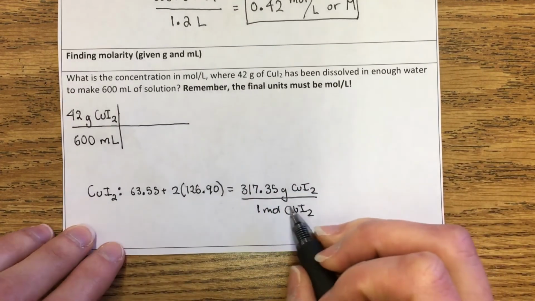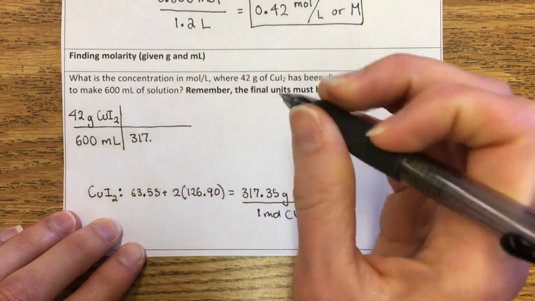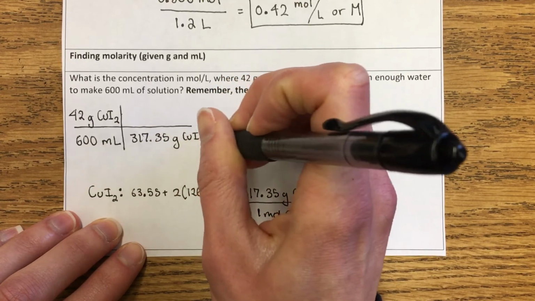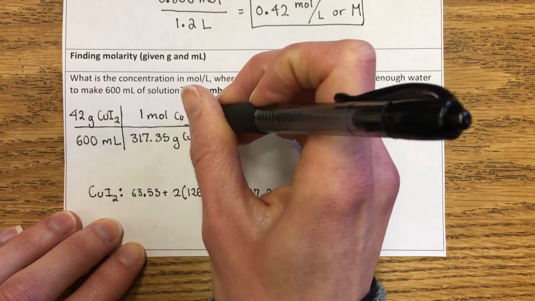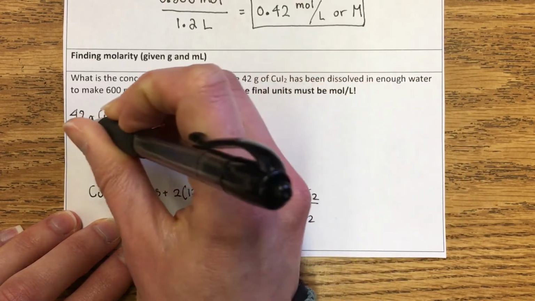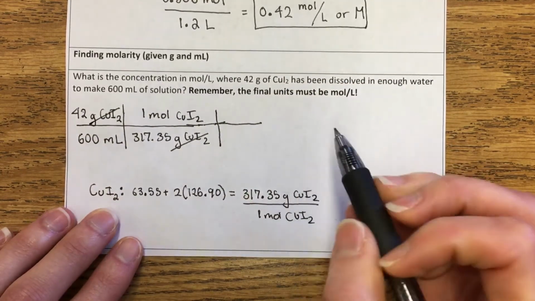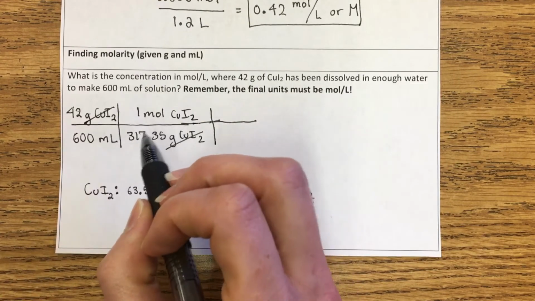All right, now I want grams to cross out, so I'm going to put 317.35 on the bottom and 1 mole on the top. So my grams can cross out like that. So now, if I were to solve this, I would end up with moles over milliliters, which is almost molarity, but not quite.